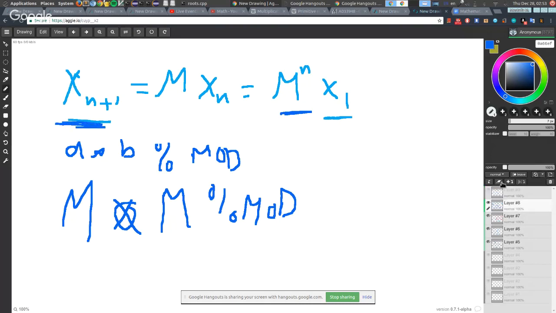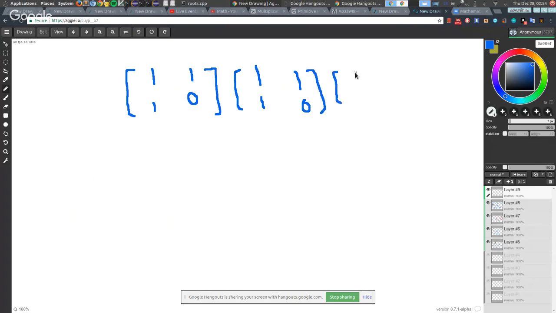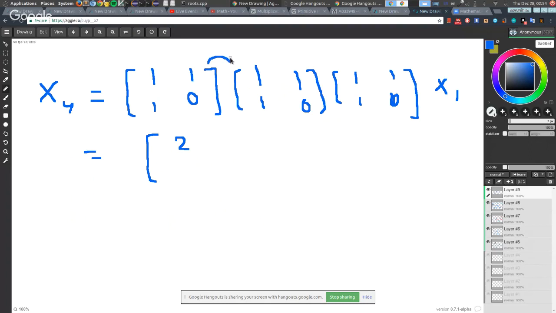An example of this would be: we multiply by the matrix M three times, and this times x1 should be equal to x4. Here we can find that, in this multiplication, first I multiply these two matrices.